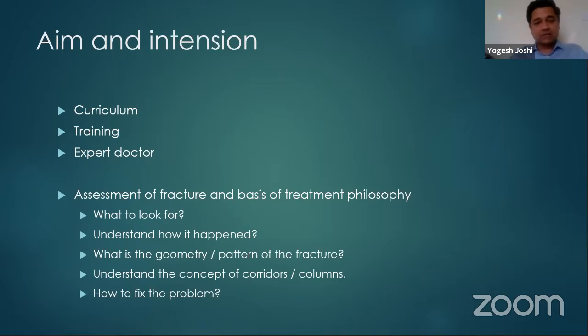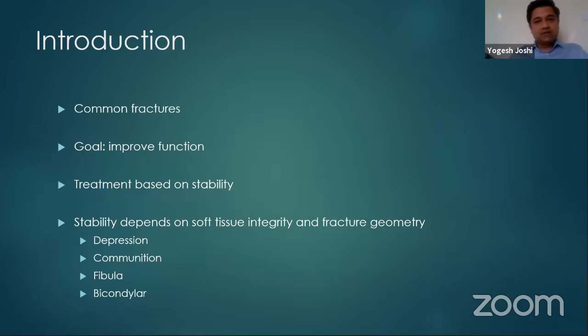In the last decade or so, things have changed. We are now dealing with the concepts of corridors and columns, so we'll go through that so that you have a better understanding of how this affects treatment. We'll also talk about how to fix these fractures and what kind of instruments and plates you can use.